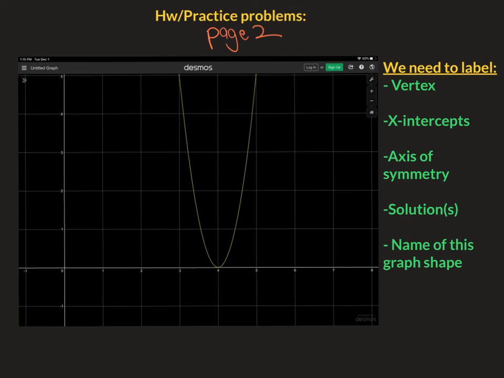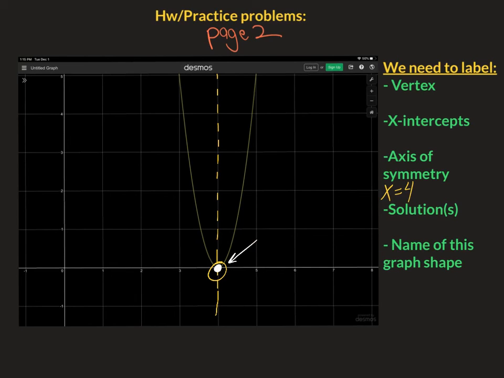All right, I'm going to go right behind you. I'm going to start with the center line on this, which is the axis of symmetry. Okay, there it is. It's right at 4, so it's at an x value of 4. From that, it's pretty easy to grab the vertex. The vertex is right there.